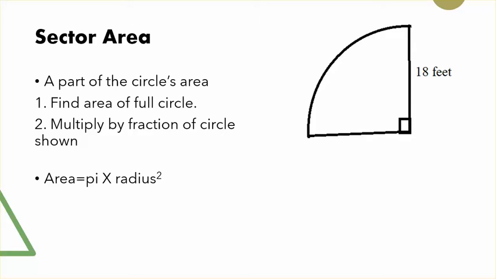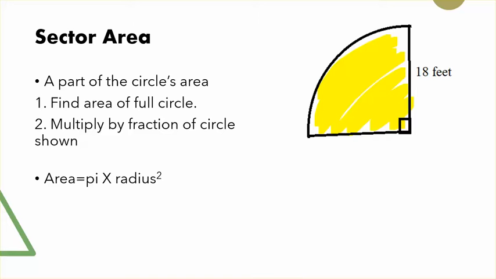Just as we found a part of the circumference, we can also find a part of the area. We call that a sector. A sector is like a slice of pizza, and we can find the sector's area by finding the full circle's area and then again multiplying it by the fraction.